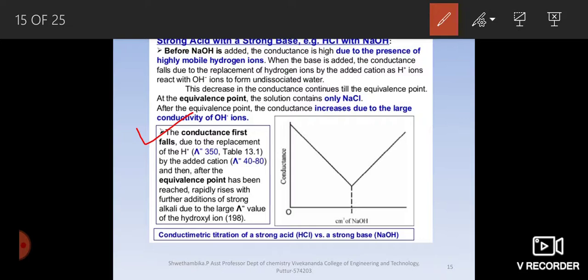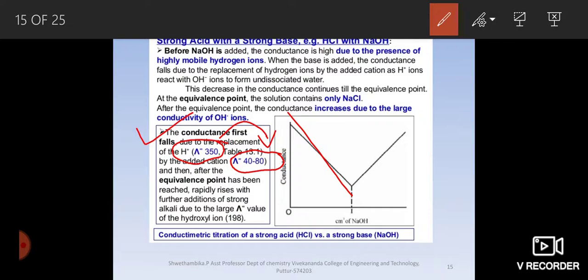The conductance first falls due to the replacement of H+ by the Na+, and see this, the mobility of H+ is given as 350 units, and literature says the sodium cation has a poor conductance, that is mobility is very low, of the order of 40 to 80 units. Now I hope you are getting it: a 350 unit conductance ion is replaced by a 40 to 80 unit mobility ion. So conductance shows a sharp decrease.